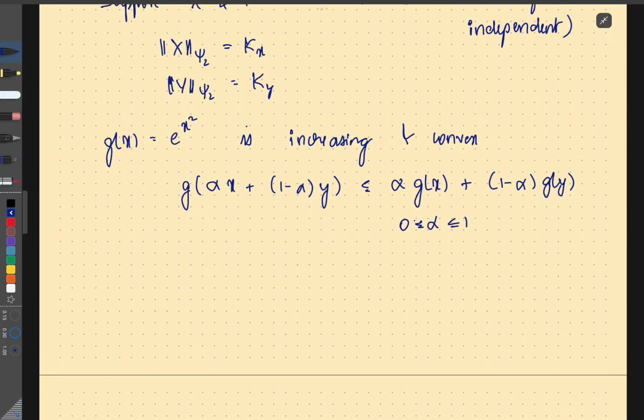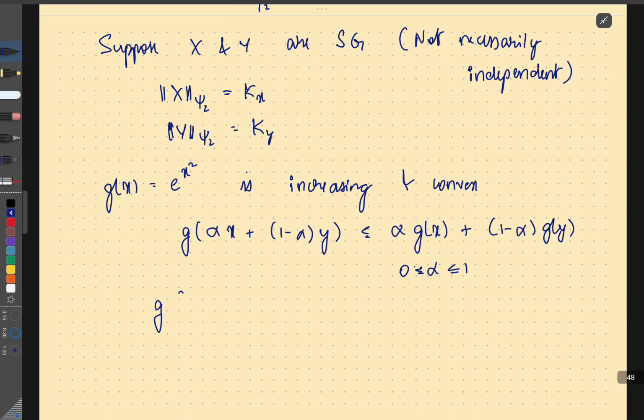Okay, so now let me take g of mod x plus y divided by kx plus ky.